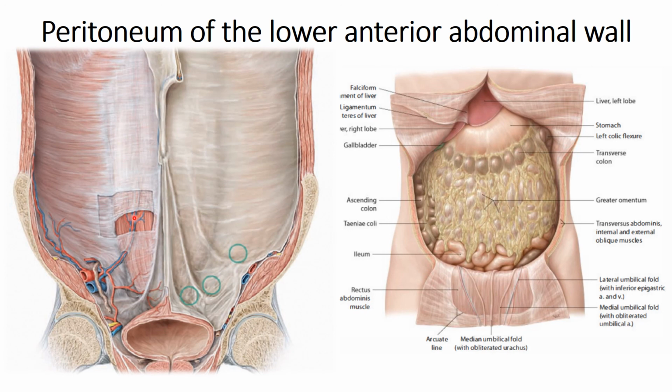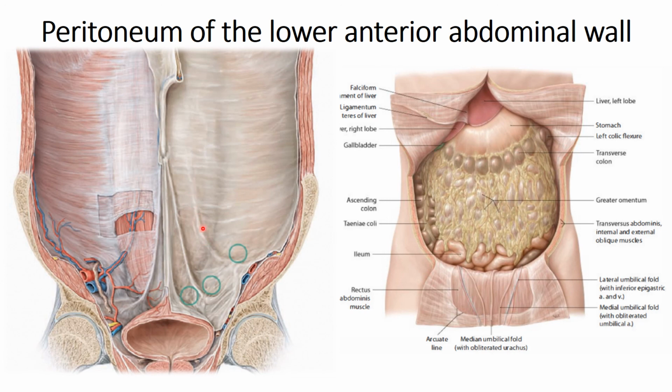So this is the interior view of the lower part of the anterior abdominal wall, and here we can see this is the median umbilical fold extending from the apex of the urinary bladder up to the umbilicus, and contains the urachus or its remnant. And just lateral to it on both sides are the medial umbilical folds containing the obliterated umbilical artery, and it extends from the internal iliac artery in the pelvis up to the umbilicus.